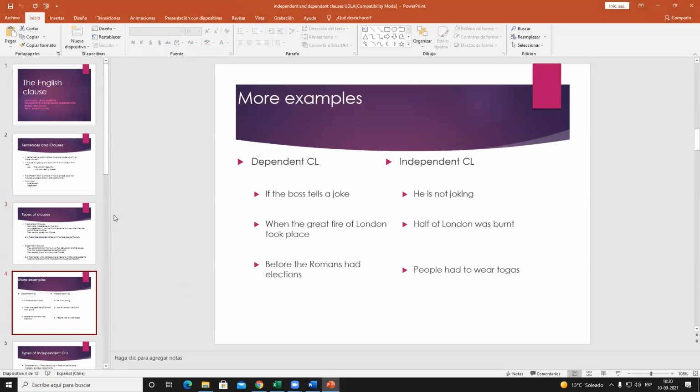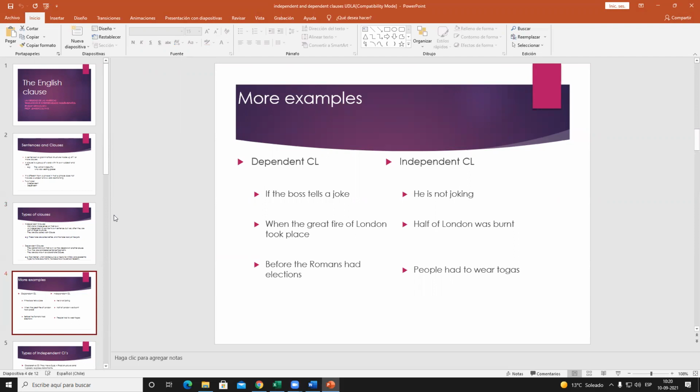Ejemplos. Dependent clause, independent clause. If the boss tells a joke, he is not joking. No tiene ningún sentido, pero if the boss tells a joke, he is not joking. The very first one, if the boss tells a joke, is a dependent clause. Why?